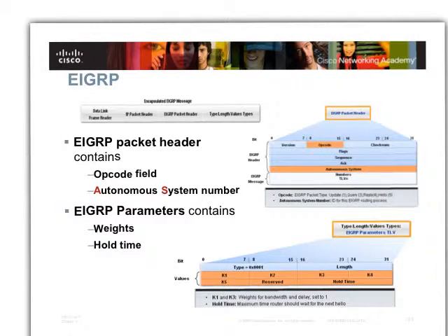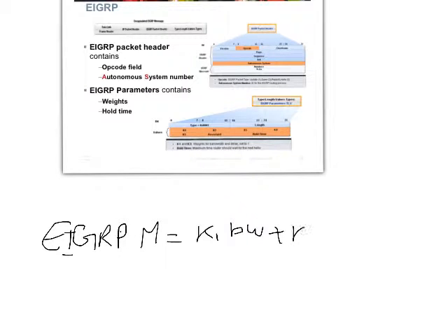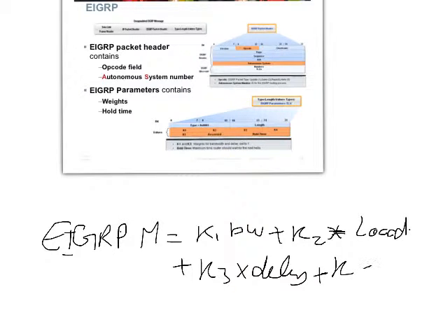What happens here is that the EIGRP metric equals K1 times the bandwidth plus K2 times, I think, load, plus K3 times delay, plus K5 times reliability, divided by or times K4.